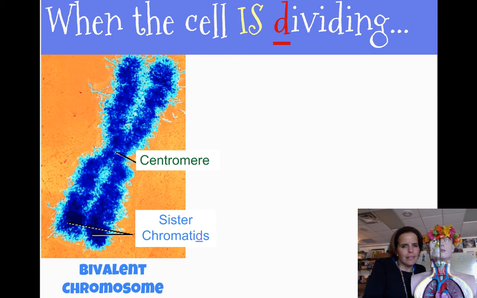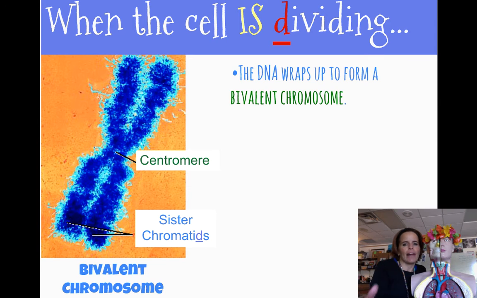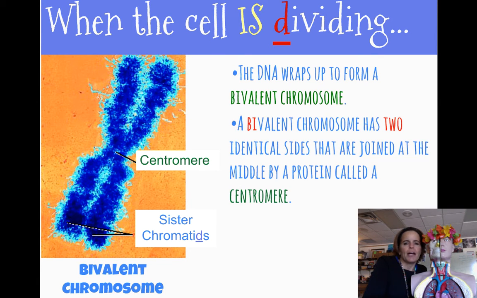However, when the cell is getting ready to divide, the DNA wraps up to form something that's called a bivalent chromosome. A bivalent chromosome has two identical sides, a left side and a right side, that are joined in the middle by a protein called a centromere. So on that diagram to the left, if you had a gene for brown eyes on the left side, the opposite side on the right side would also have a gene for brown eyes.